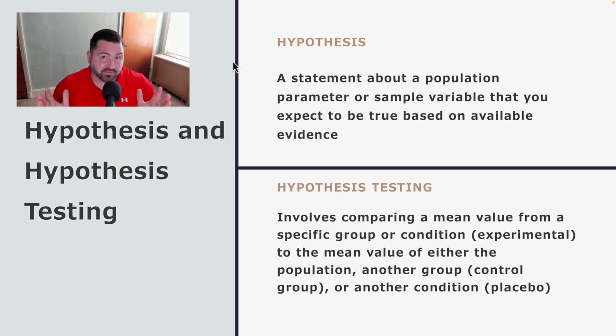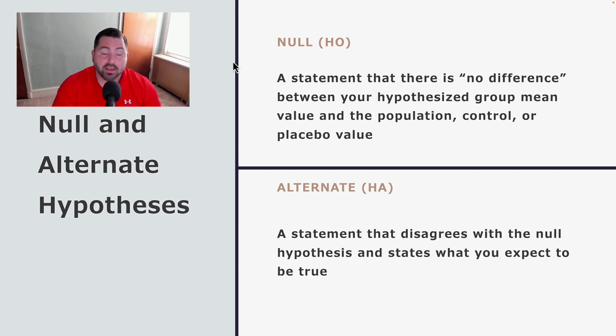Or if it's in the case of conditions, let's say we're trying to have one group of people experience one condition and then have the same group of people come back and experience a different condition. We can collect mean data under both conditions, and comparing the mean and the standard deviation of the same group of people from one condition can then be done with the same group of people, but under a different condition. So we can compare the mean and standard deviation of both. And that is what hypothesis testing is doing.